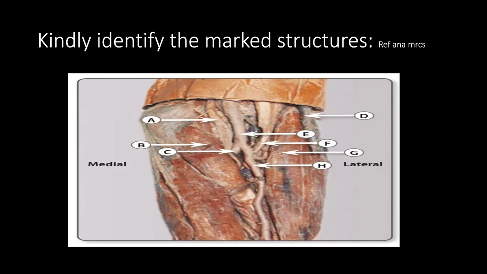A is representing the median nerve, E is representing the brachial artery, F is representing the biceps tendon, D is representing the cephalic vein, C is representing the ulnar artery, and H is representing the radial artery.